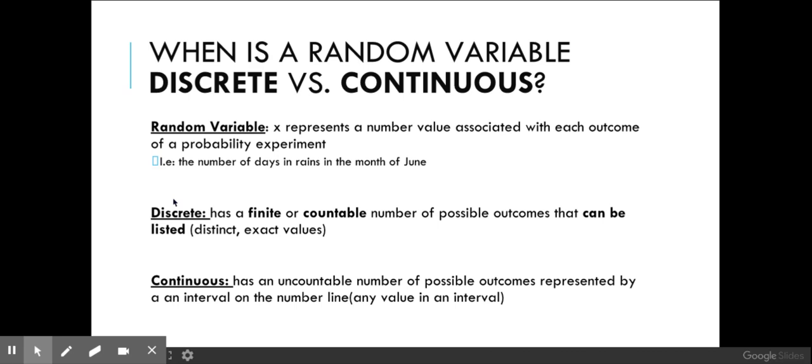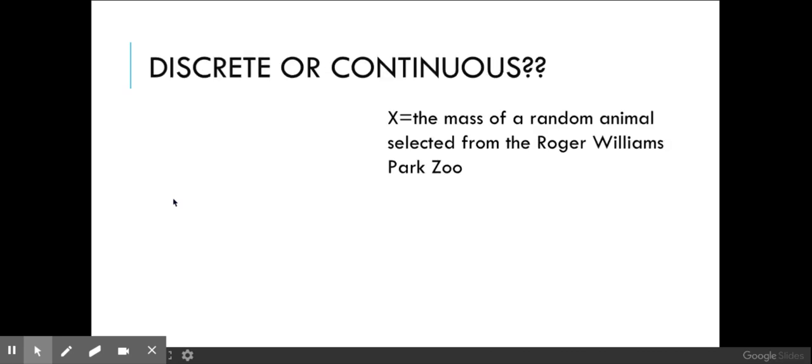You might weigh 120 pounds, but you also might weigh 120.451 pounds. So those values that include decimals and fractions in their answers, it's not just a countable number, 1, 2, 3, 4, 5, and so on, that is what we consider continuous.